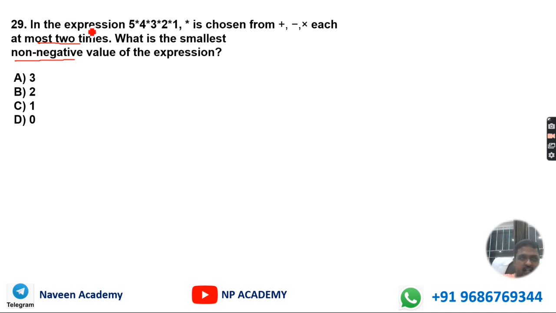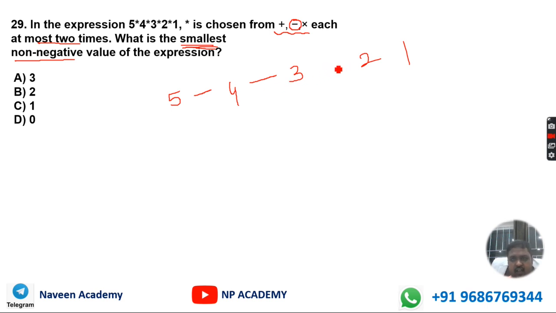Okay, so I want the smallest number among plus, minus, into, divide. If I see these three signs, the smallest is minus, so I will use minus two times. So if I write 5 4 3 2 1, I want the smallest, so I will use 5 minus 4 minus 3 minus 2.